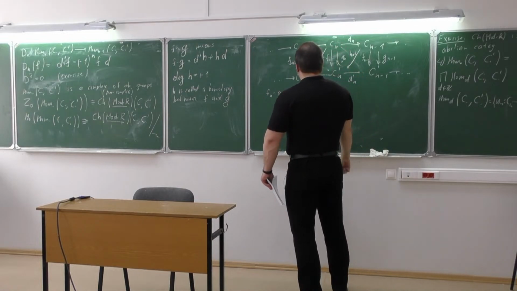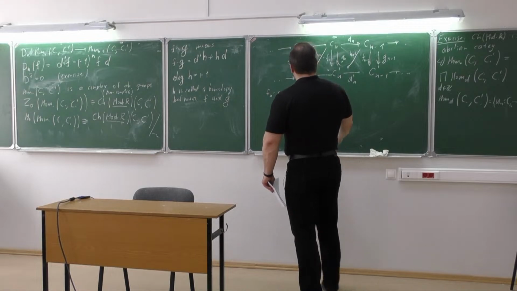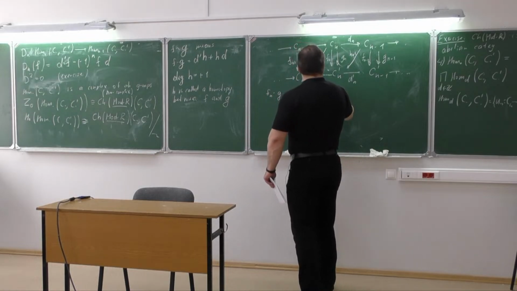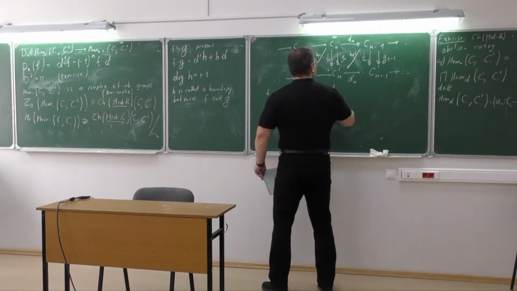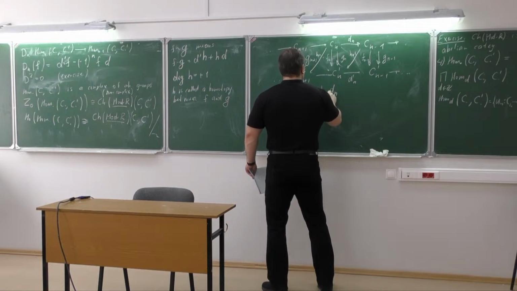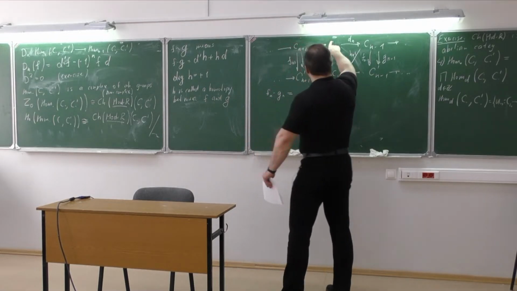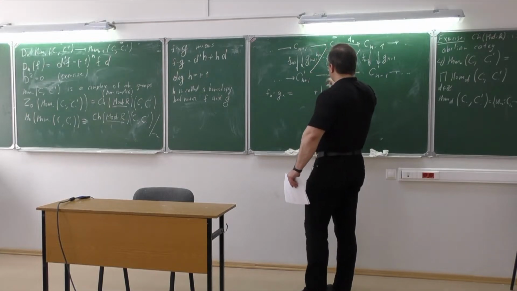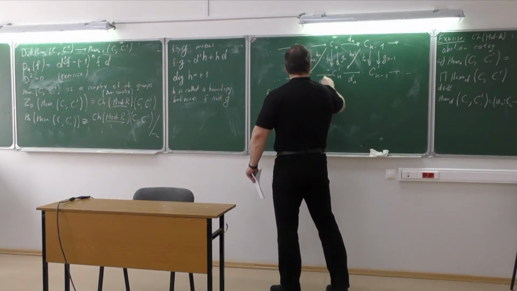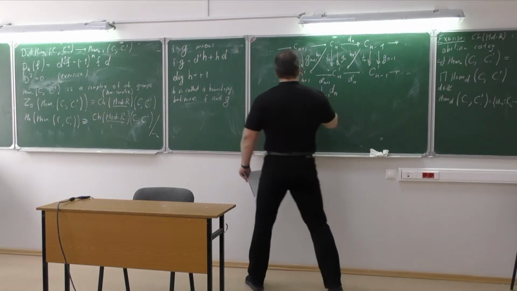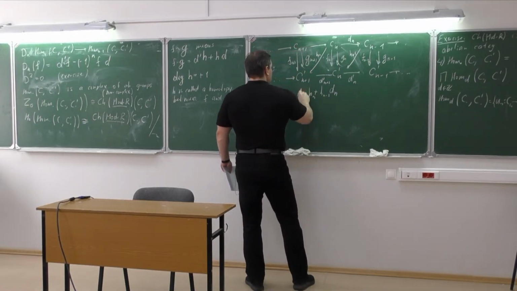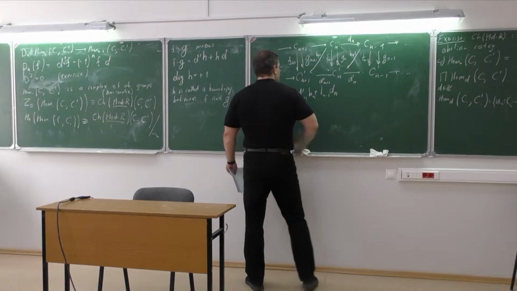So this difference between Fn and Gn, we can take dn and then apply it to Hn minus 1. This is the second term, and for the first term we first apply Hn and then apply the differential. So this is d prime with the index n plus 1.